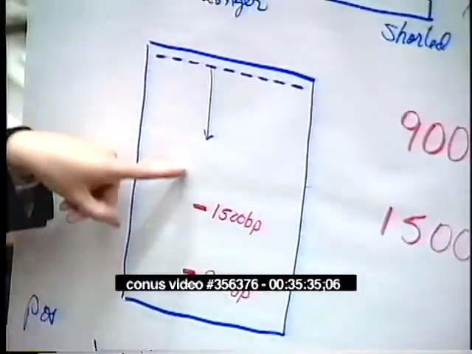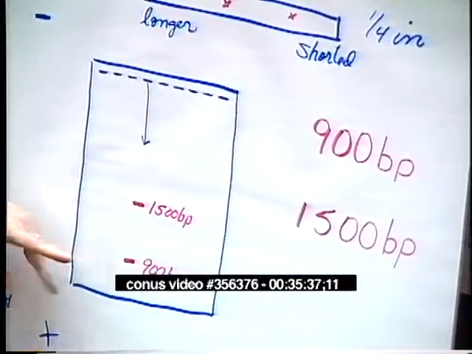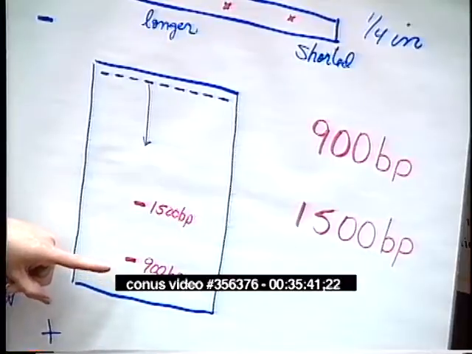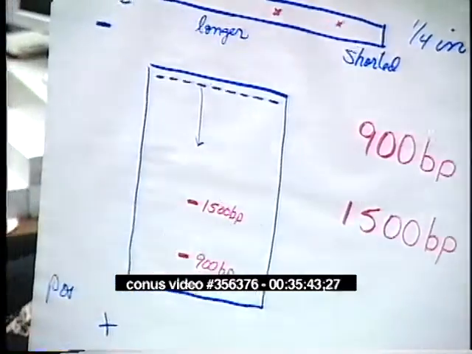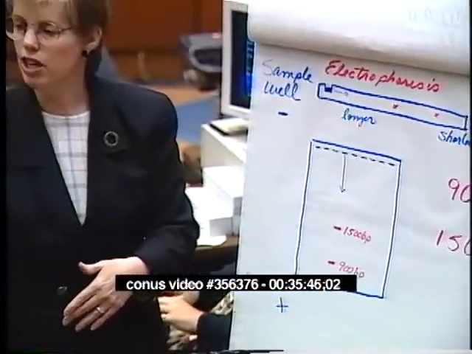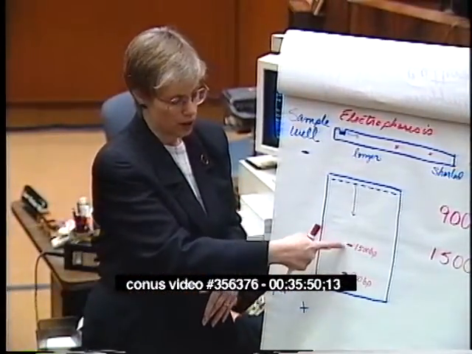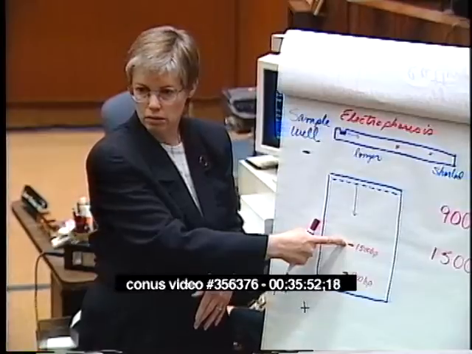When you have this separation in the gel, this is the information that you really want. And the entire rest of the procedure is the set of steps that allow you to visualize where these pieces of DNA went.